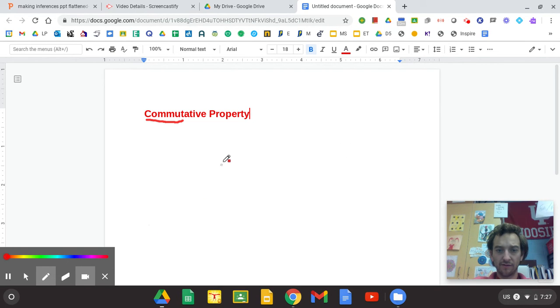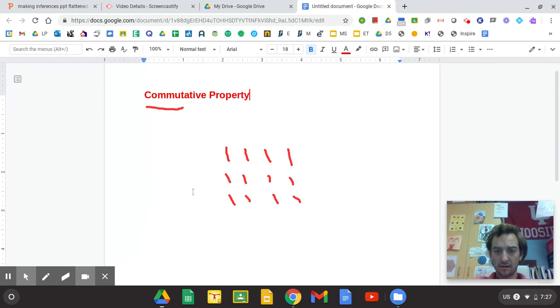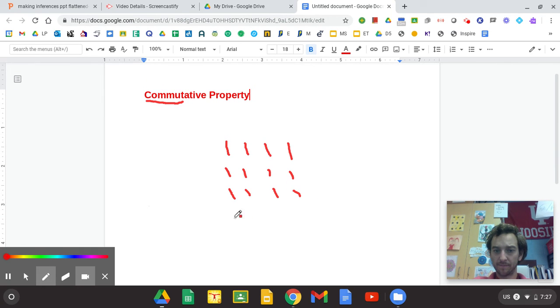Okay, so if I give you this array, we got 3 rows times 4. That means you're going to be able to write 2 multiplication problems for this. So this 3 by 4 is one way, and that equals 12.